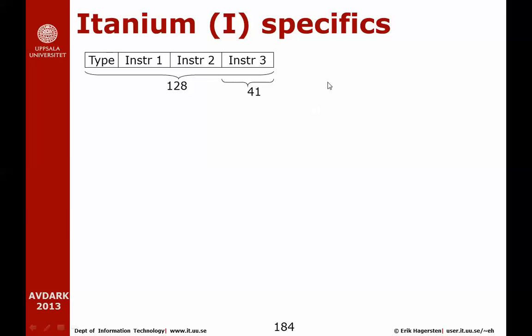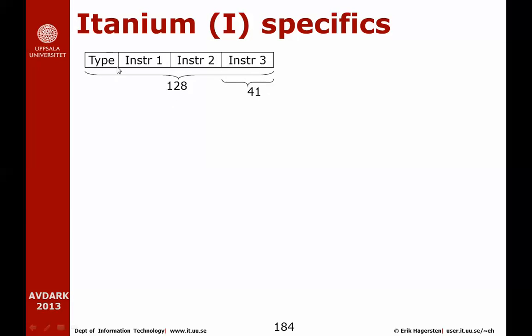A VLIW instruction, that is, actually specifies 3 different instructions. The VLIW instruction is always 128 bits wide and encodes 3 instructions, where each instruction is 41 bits.